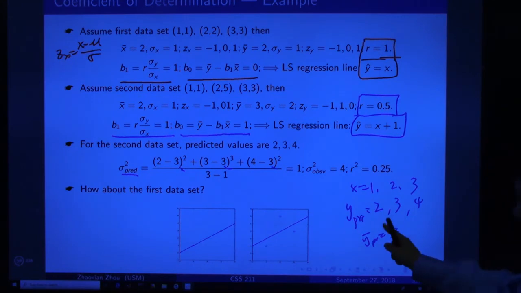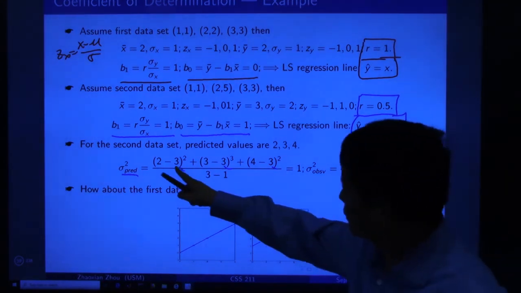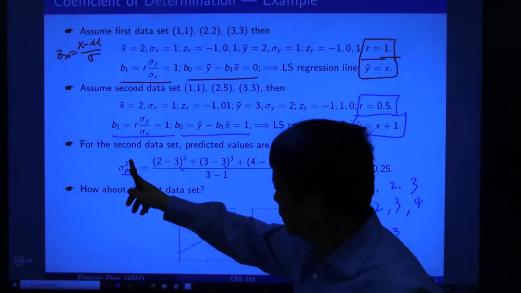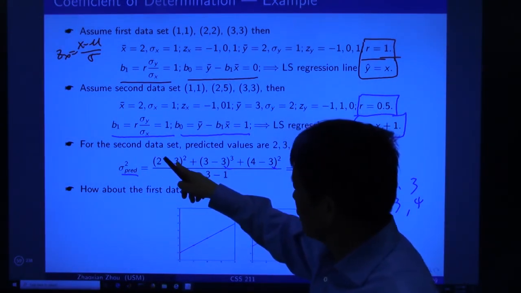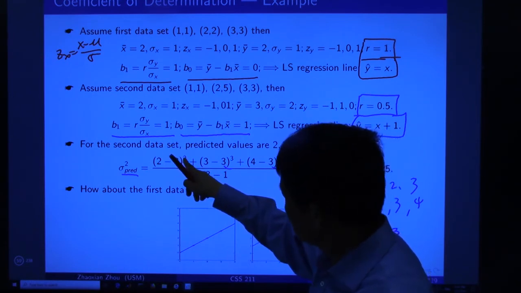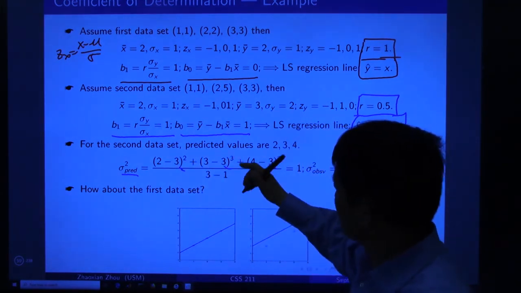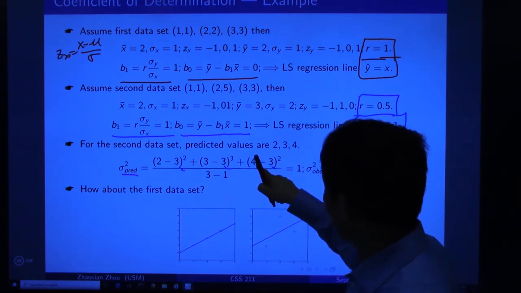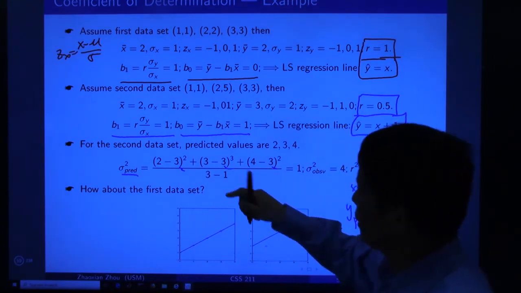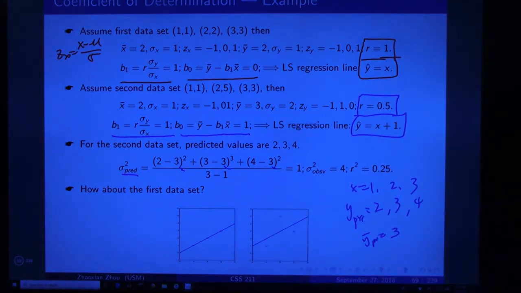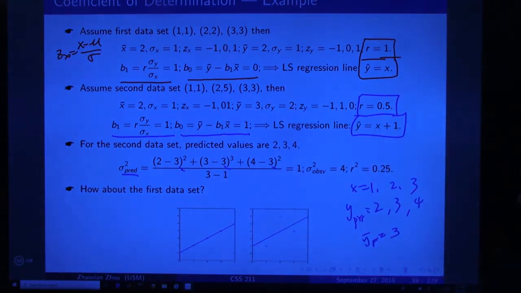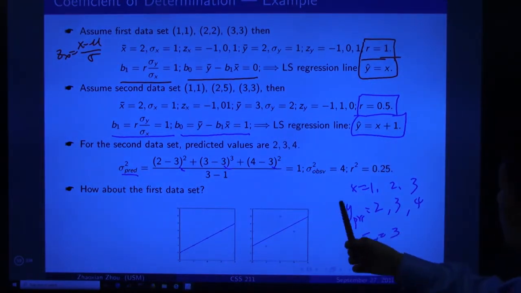And the variance is the sum of each value minus the mean, squared, then divided by n minus 1. So this equals 1, this equals 0, this equals 1. The sum equals 2, then divided by 2 equals 1. So the variance of the predicted equals 1.